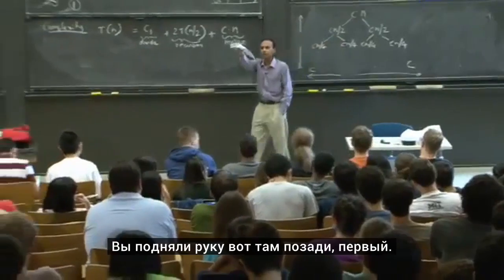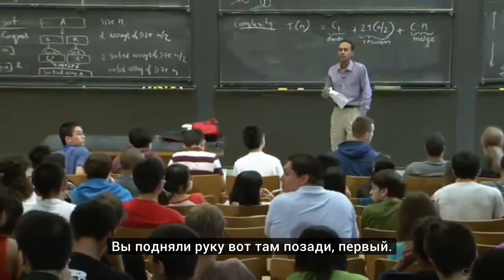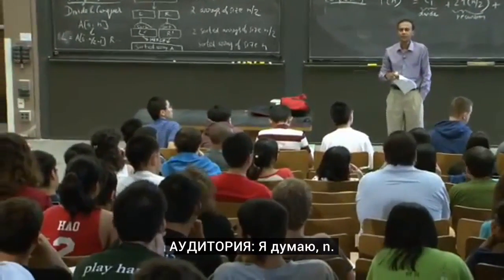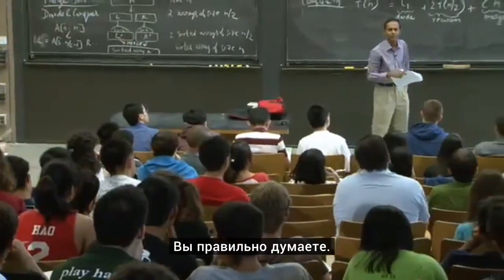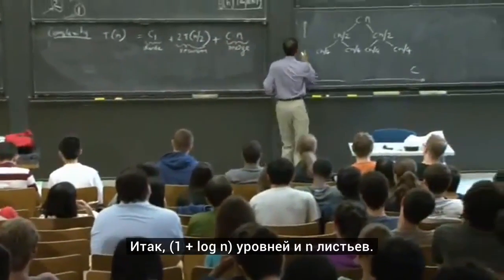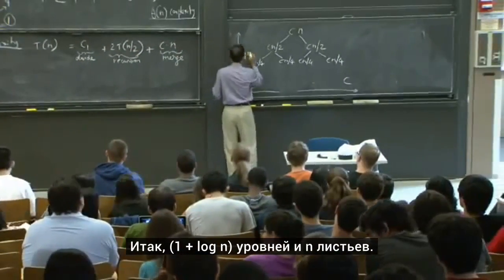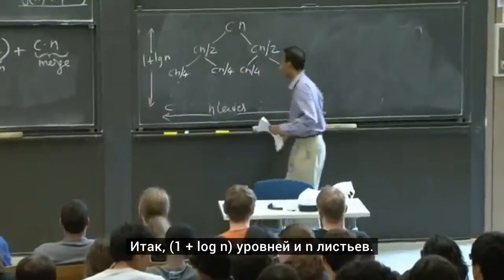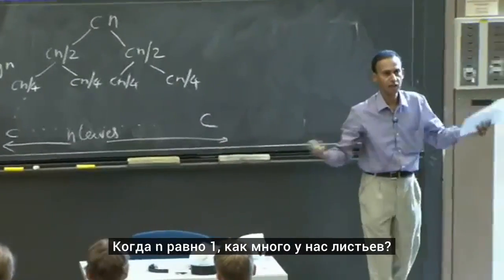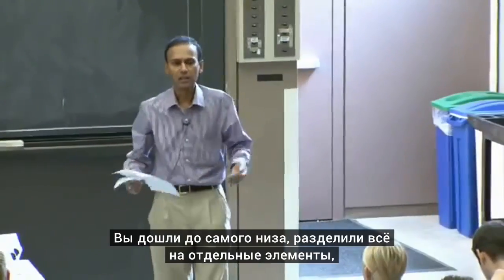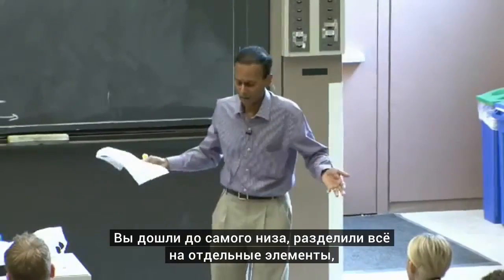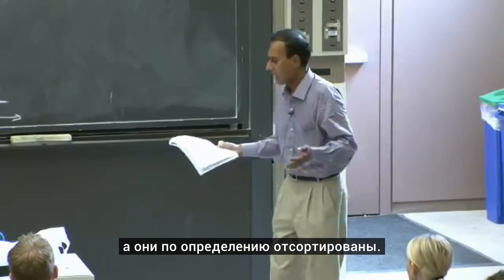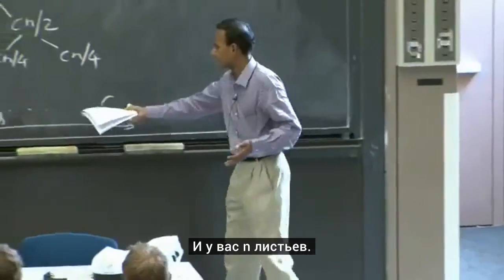Number of leaves? I think n. Yeah, you're right. So 1 plus log n and n leaves. When n becomes 1, you're down to a single element, which is by definition sorted, and you have n leaves.